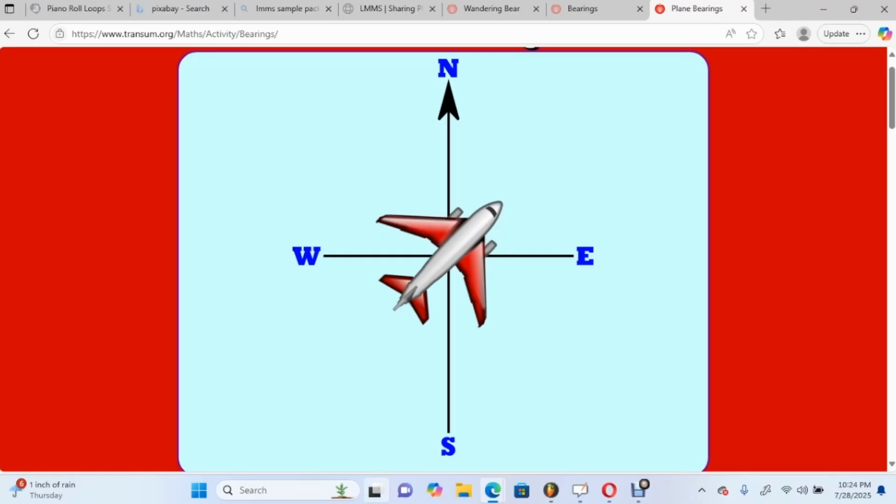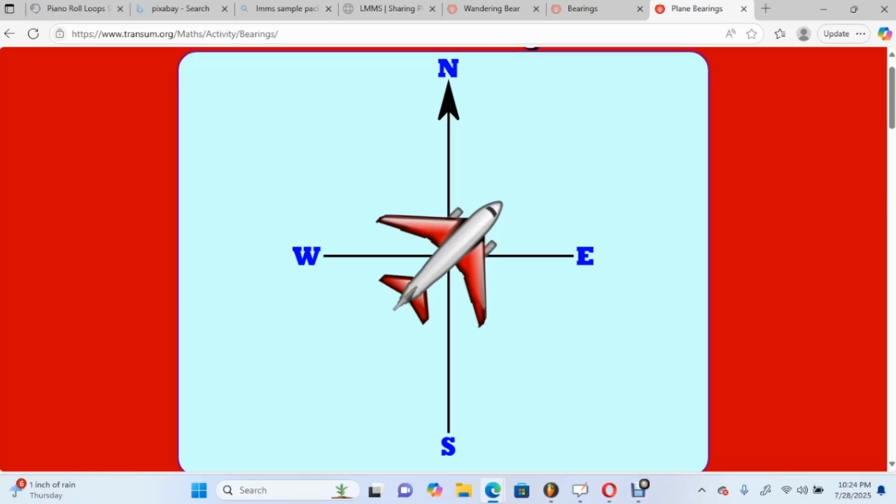Between east and south we say southeast. Between north and west, we say northwest. And between south and west, we say southwest.